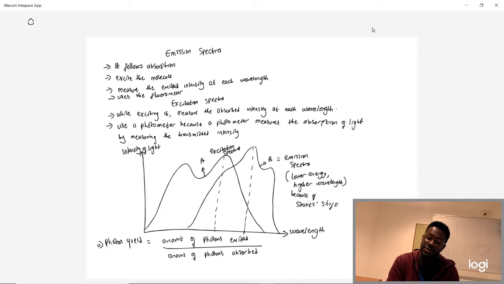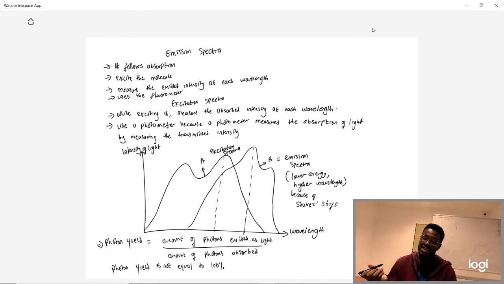Why is it that the photon yield is not always equal to 100? Because some of what is absorbed is not emitted as light. How is the energy released? As heat.